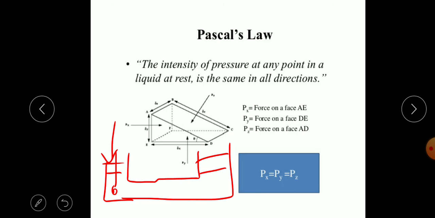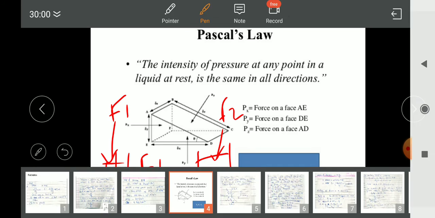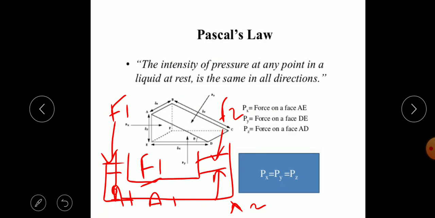Suppose force F1 is applied and the area of the smaller cylinder is A1. So the pressure is F1 by A1. If force F2 is there and the area of the second cylinder is A2, where A2 is greater than A1, then the second pressure is F2 upon A2, and in the first cylinder the pressure is F1 upon A1.